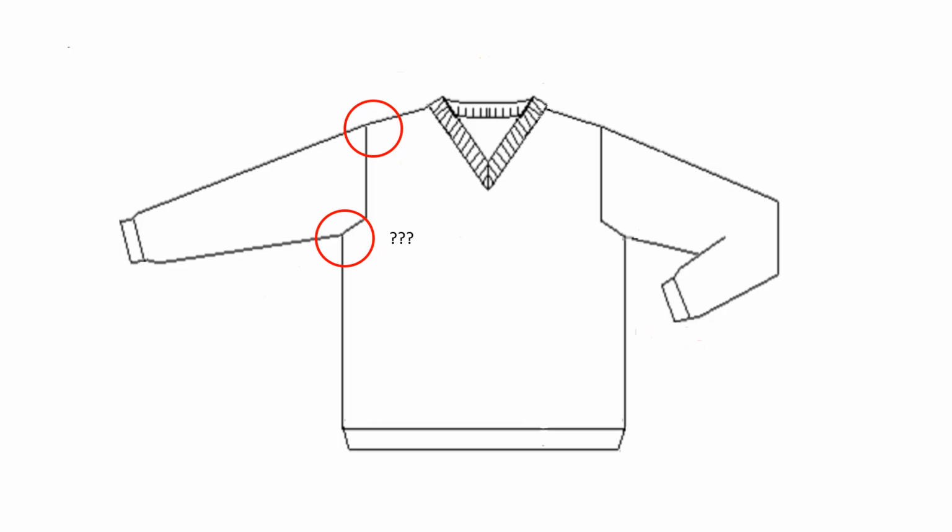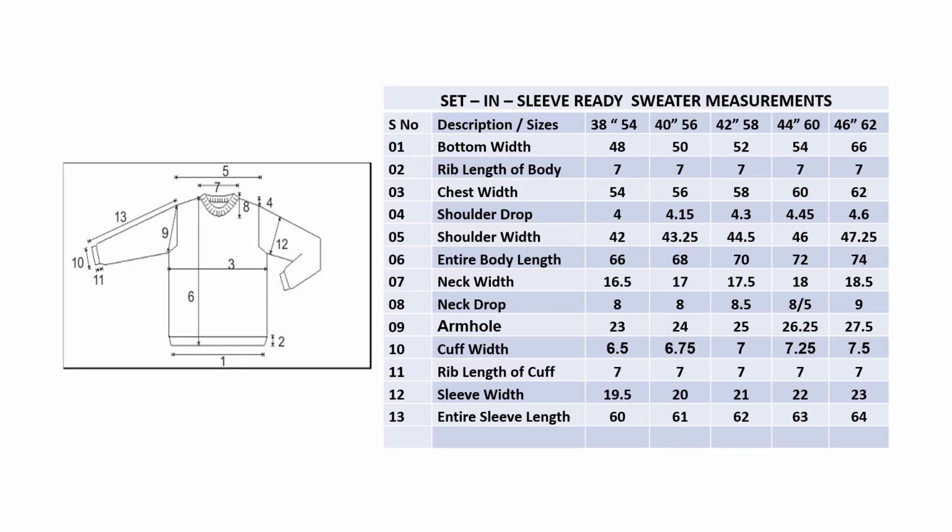To calculate or to determine where and how the sleeve shall join the main body, we need to follow this procedure. Let us make all the calculations as per the size chart provided here. We know the garment length and the chest measurement. We draw a rectangle measuring the length of the garment, that is 70 centimeters, and half the chest of the garment, that is 29 centimeters, half of 58 centimeters.